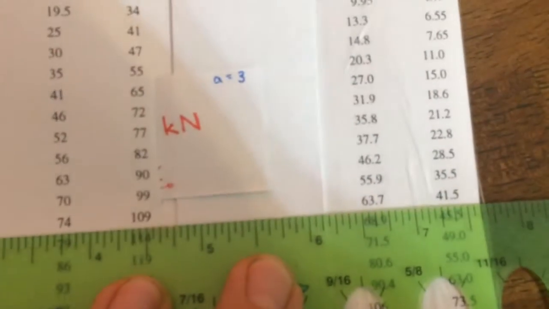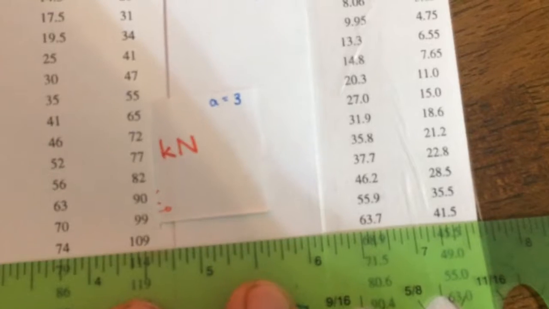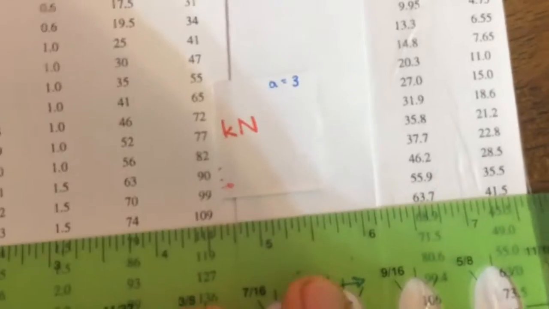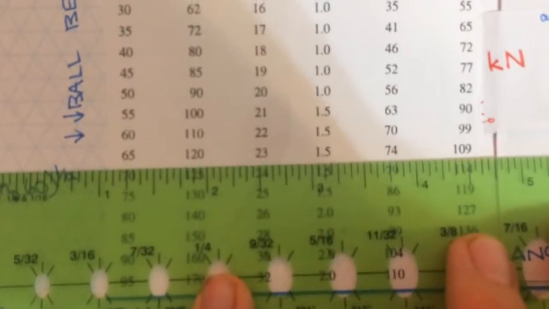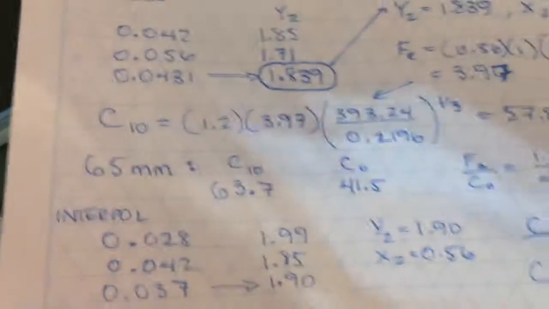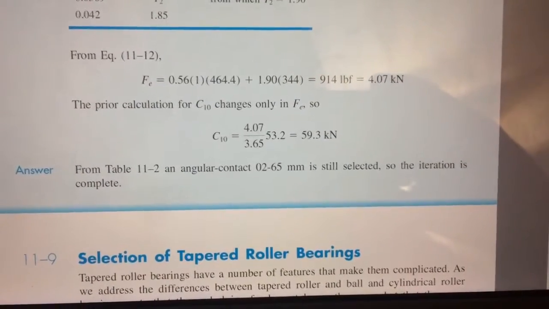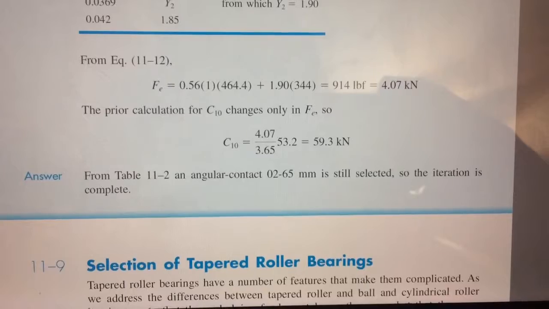So we go back here, what would have happened is I would have plugged it back into the C10. 59.3 is below 63.7. This is a little bit crooked. All right, and boom, 65. 65 is still there. 65 is the last one we picked. So all that stuff is fine. And what we want to do is pick that 65 millimeter bearing, and that was what we were assigned to do.